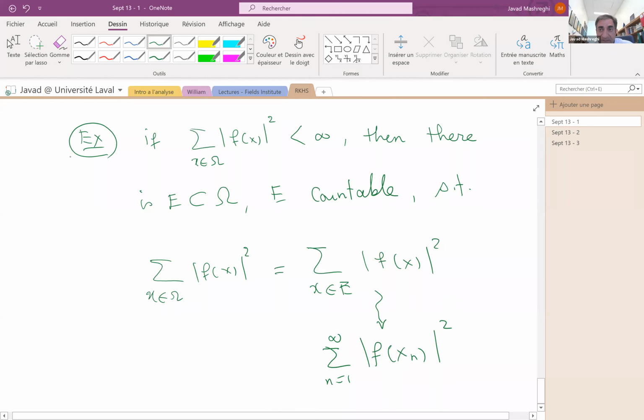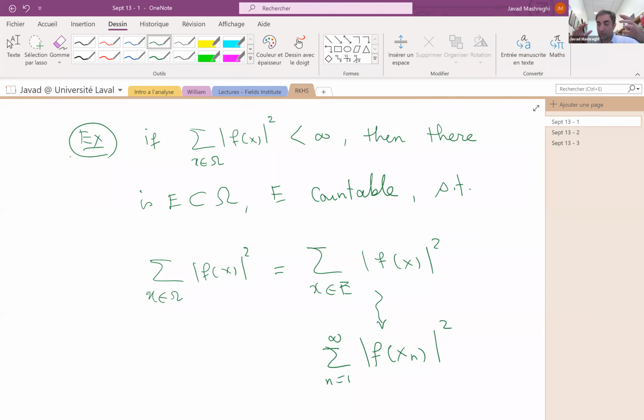Usually it's an exercise that we give in measure theory. But you need to be very careful here in the sense that the set E depends on f, on the function that we consider. If we change our function, our set changes too.